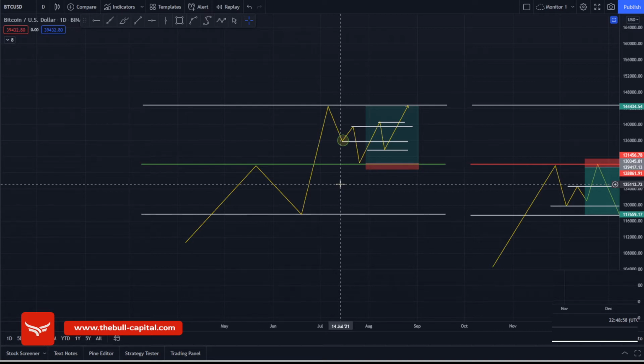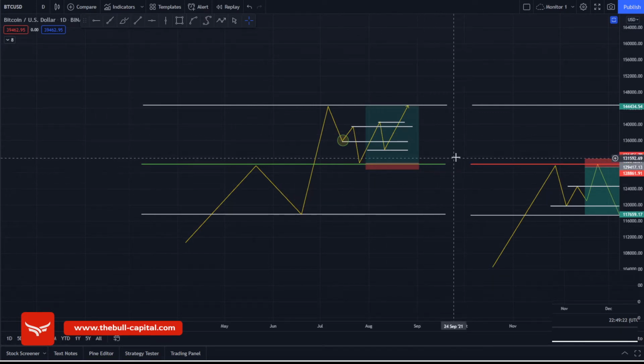Why? Because the more levels are created, the price has to do more swings and test each level, and sometimes that's why it's moving slower.